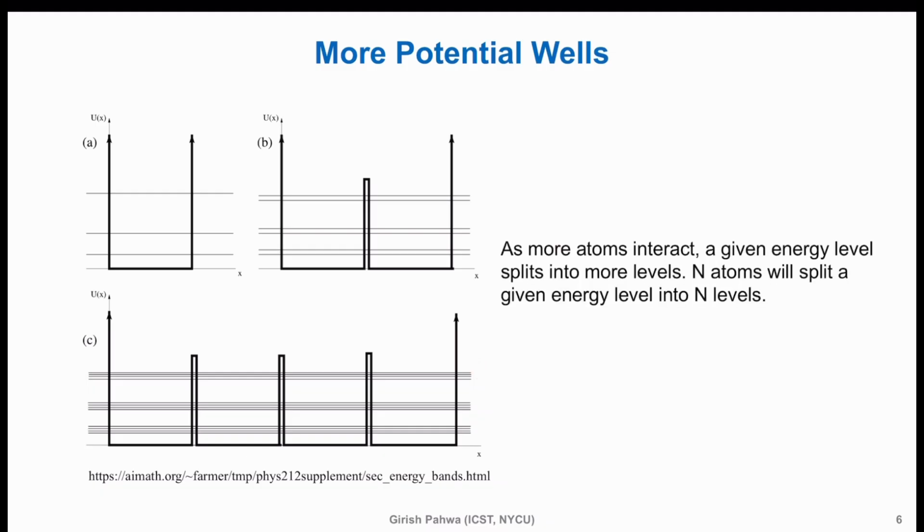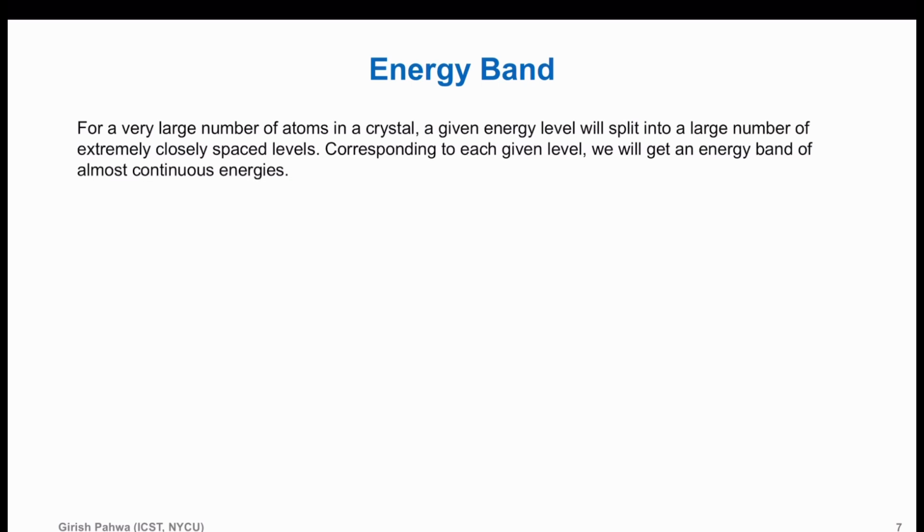So in a crystal, when you have a large number of atoms, say if I have 100 atoms, how many energy levels will be there? For one identical state, the same level, there will be 100 such levels. Say if I have 10 to the power 8 levels, closely spaced. Will you be able to differentiate between them?